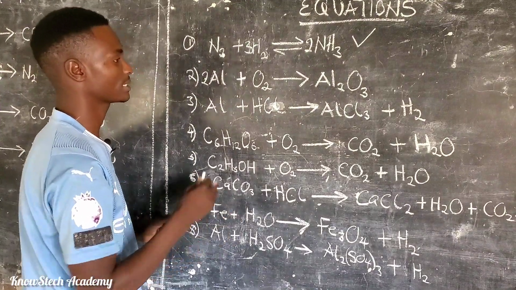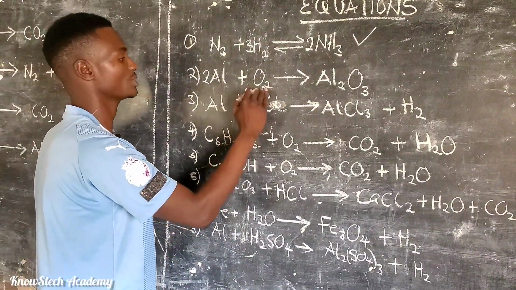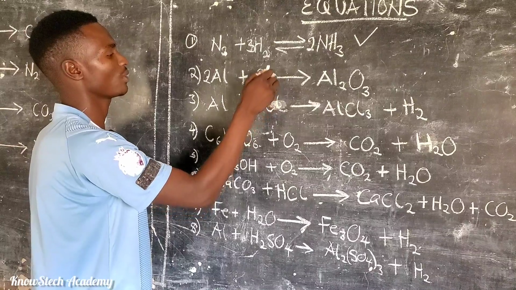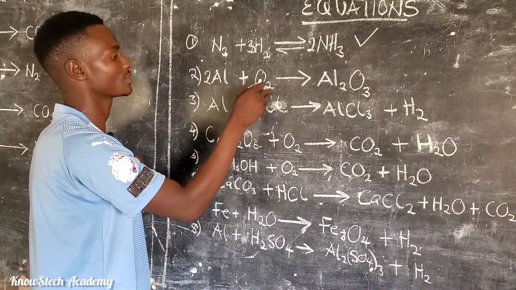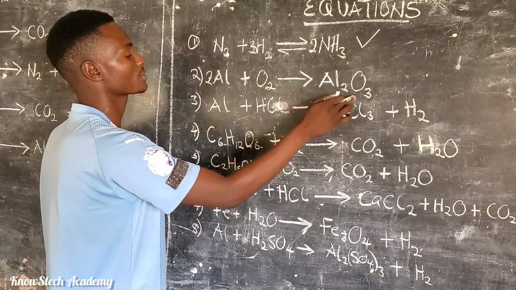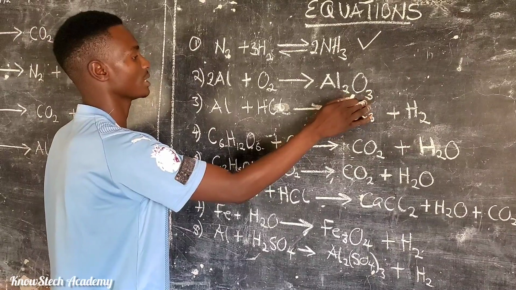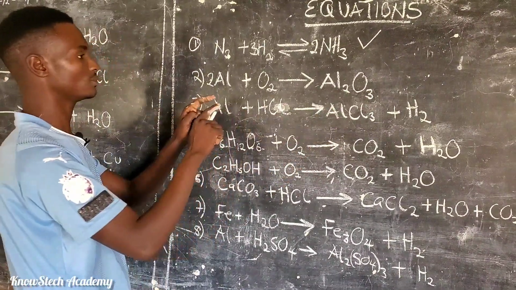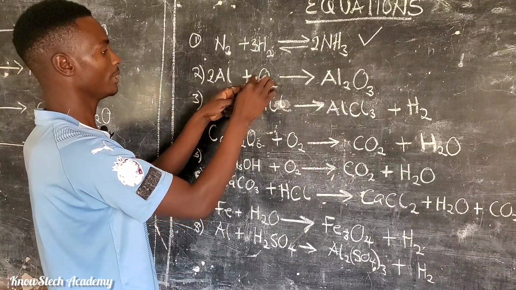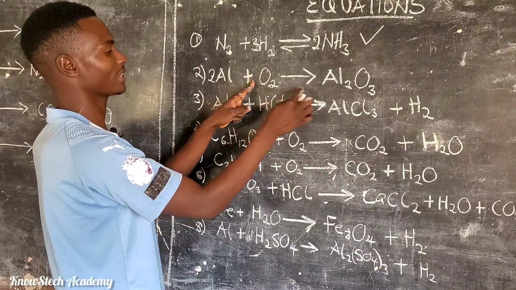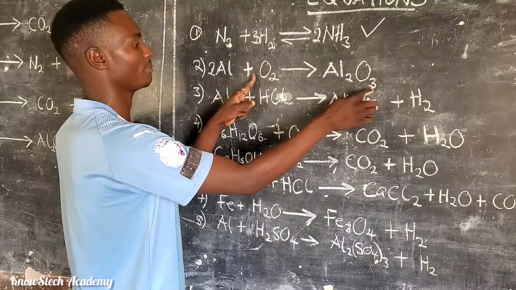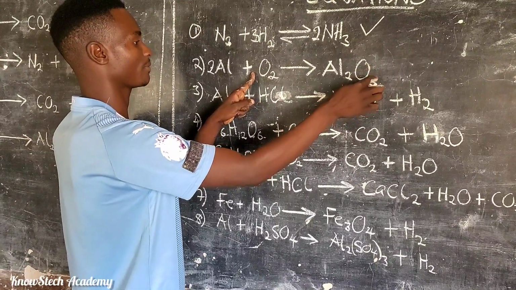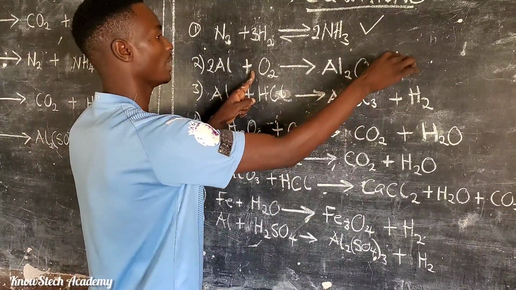And then we go to the next element, which is oxygen. The number of oxygen atoms on the reactant side is 2. Then the number of oxygen atoms on the product side is 3. So, to balance this, if we put a 2 here, it will be 4. And there is no way 3 can be 4 without using a decimal number.